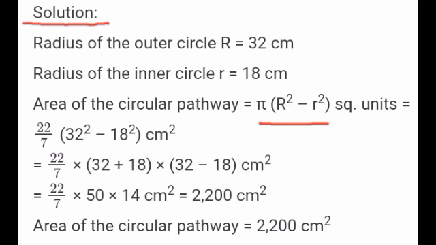So, 22 by 7 into 32 plus 18 into 32 minus 18. 32 plus 18 is 50, 32 minus 18 is 14. Then cancel 7 and 14 2 times. Next, multiply all the numbers. We get the answer 2200 centimeter square. Therefore, area of the circular pathway equal to 2200 centimeter square.